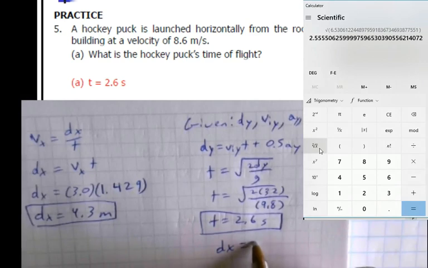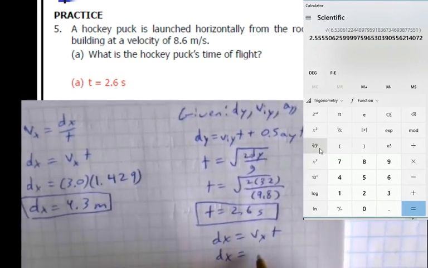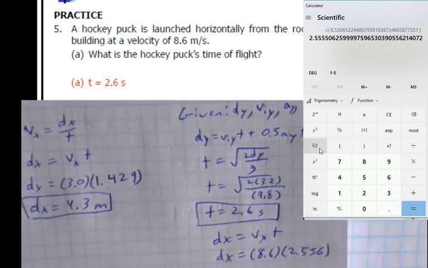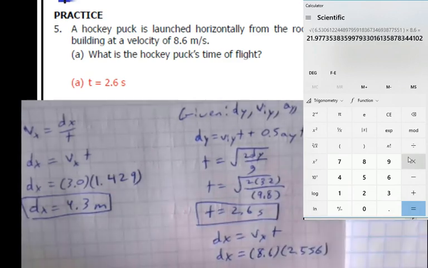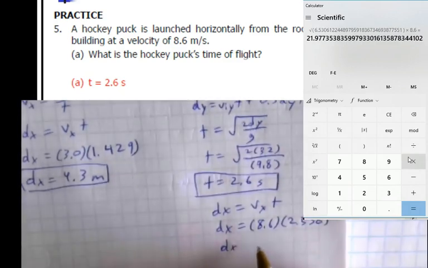So dx equals vx t. dx would be vx, which is given as 8.6, times 2.556. But I'll use the exact value. So I write down 2.556, but I use the exact value when calculating. I end up with a dx of 22 meters.